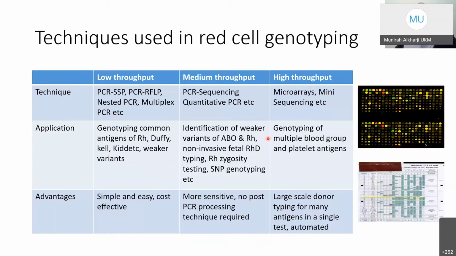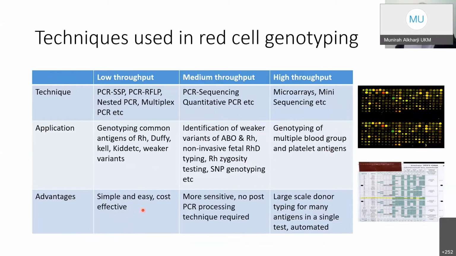For medium, we include the ABO and RHD variants. And for high throughput, usually for genotyping multiple blood group patients, for example thalassemia, sickle cell, where we need the range of antigens that this patient has.